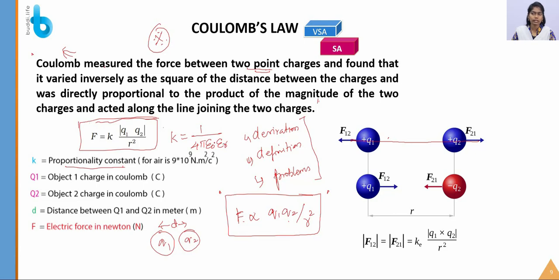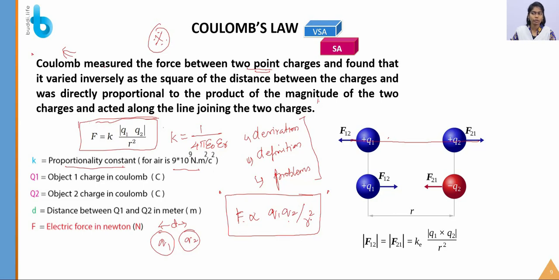Epsilon naught is the permittivity of free space or vacuum, which has a constant value. When it is given in free space, this value can be substituted in the K value, that is K is equal to 9 into 10 to the power of 9 Newton meter square per coulomb square. Next, Q1, I have already said what Q1 and Q2 and R are, right.